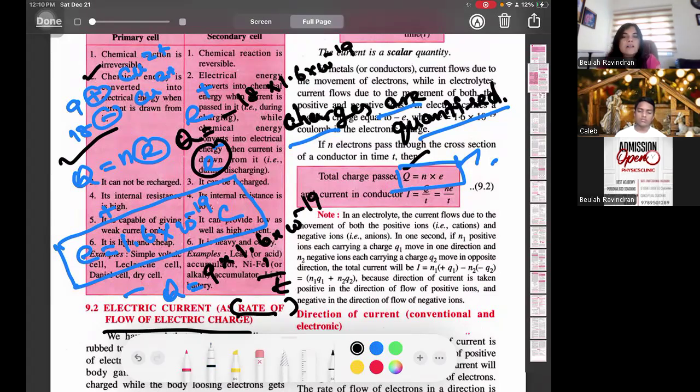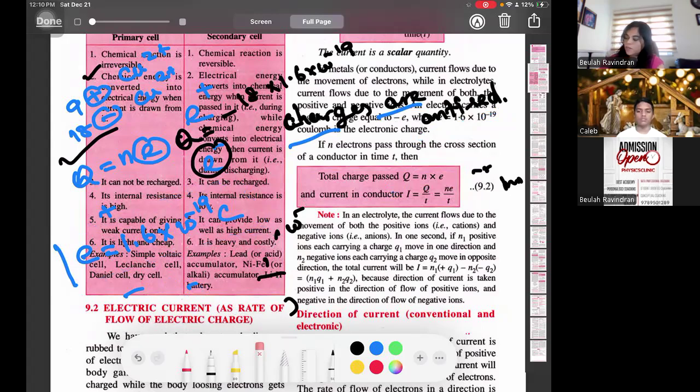Clear? Likewise you have to find the quantized charges. But here there is no other option, only electrons. Free electrons are responsible. So N times E will be the quantization of charges. Can you understand all these things?